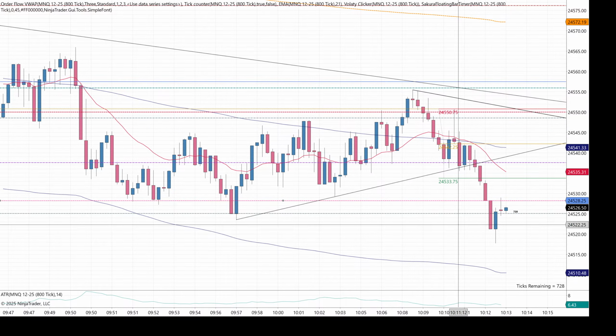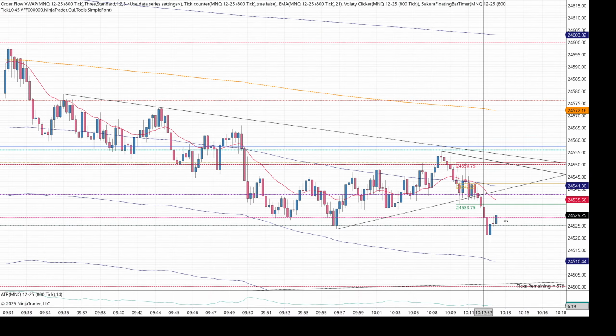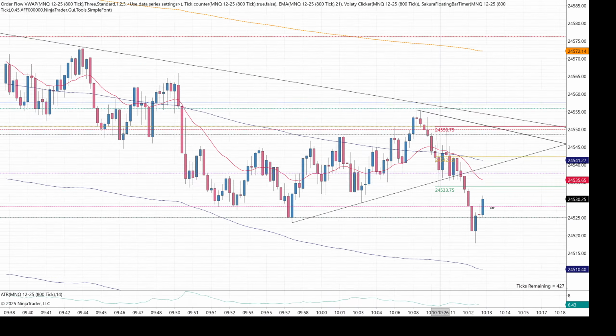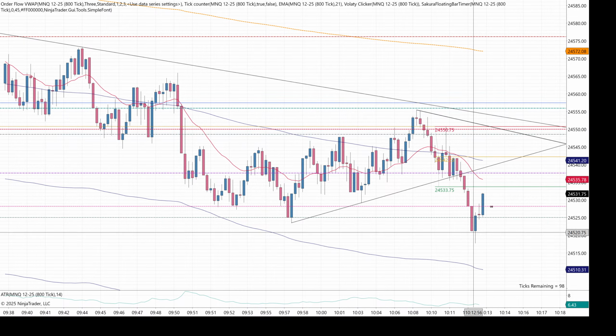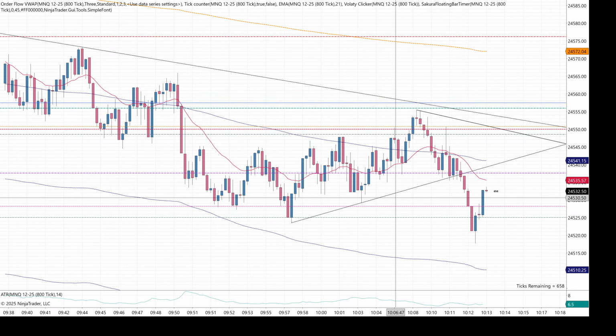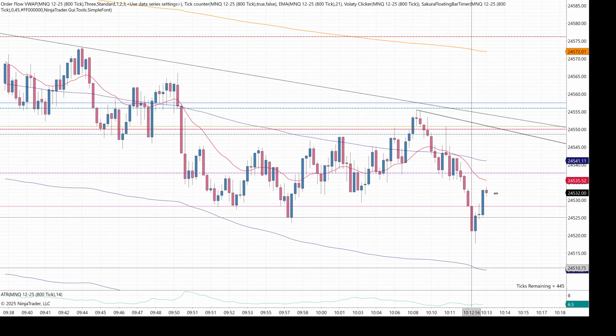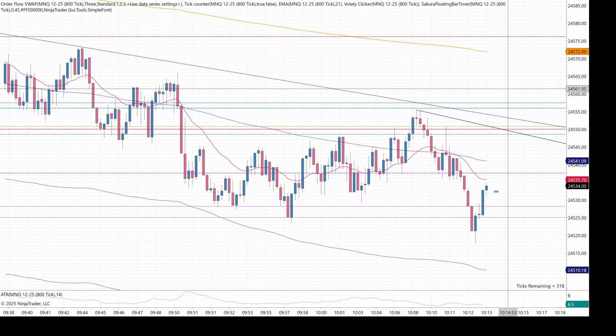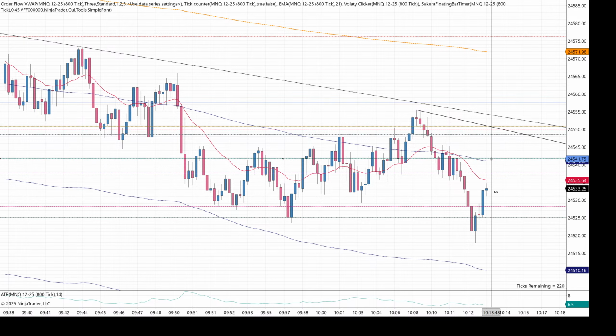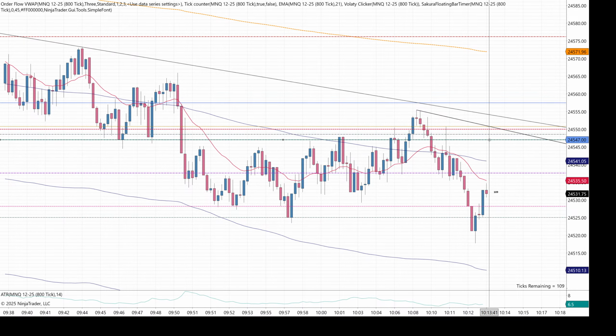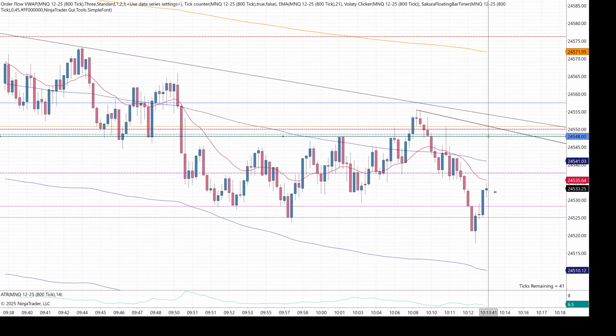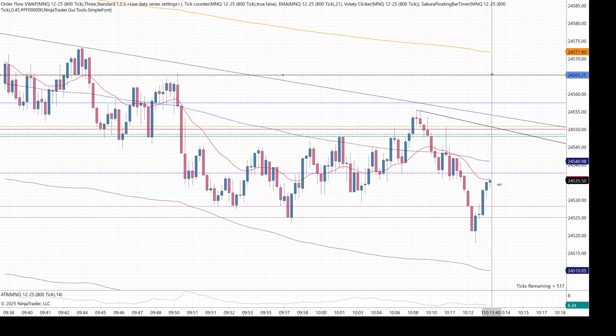Runner just got taken out. Okay, closer, good. We're gonna wait until we interact with the EMA and see how it wants to behave. Probably more bearish centric at this point. Sellers have been in control this morning. This is at 70.